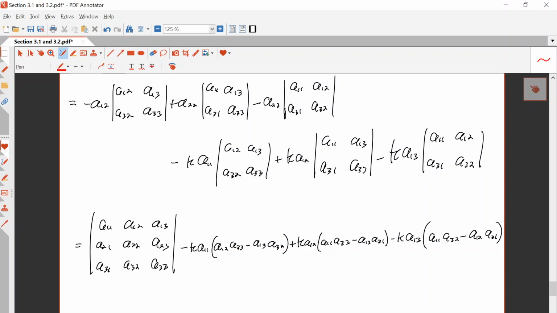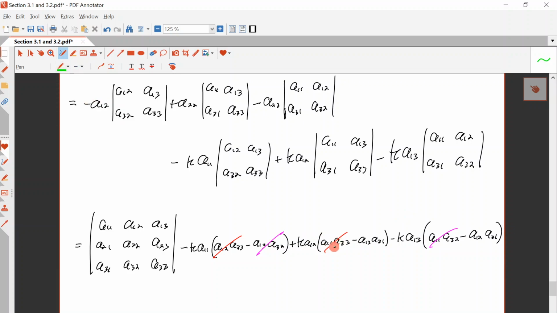Oh, that's a minus. So this cancels with that. And then this is plus A11, A13, A32 minus A11, A13, A32. So this cancels with this. And similarly, minus A12, A13, A31 is plus A13, A12, A31.